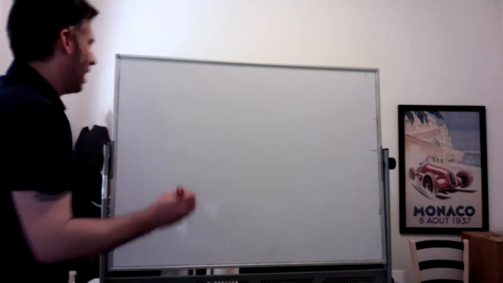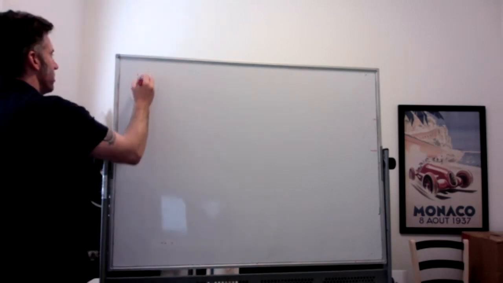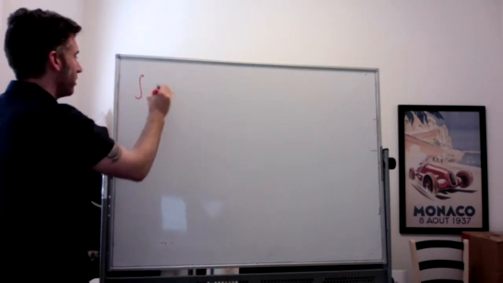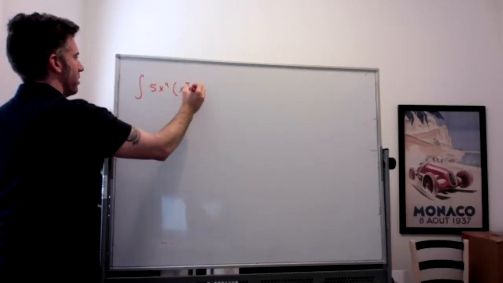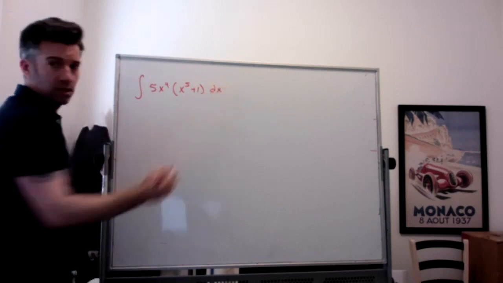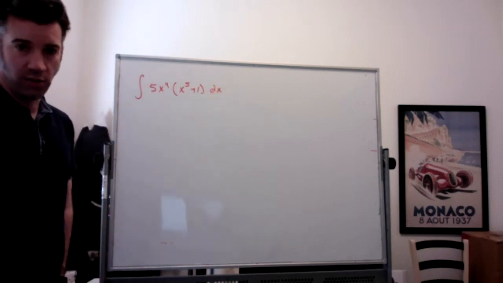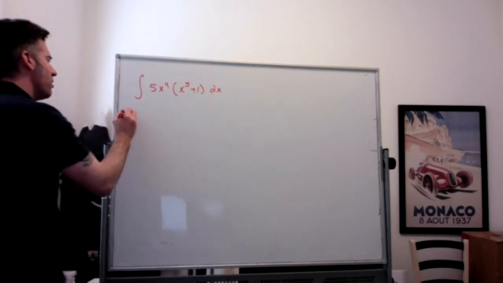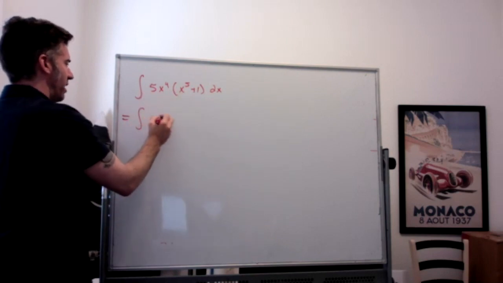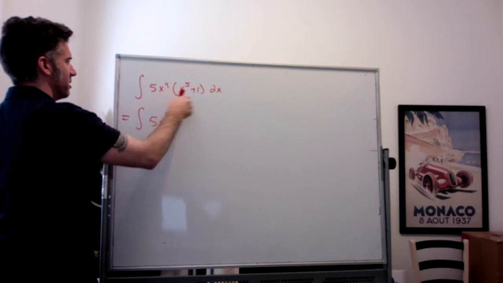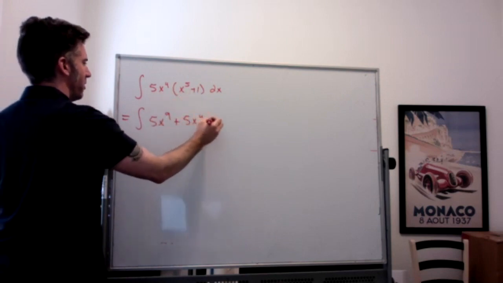So I want to find this integral. The integral of 5x to the fourth times x to the fifth plus 1. And we could totally multiply it out first. We say, okay, this is, let's see, 5x to the fourth times x to the fifth is 5x to the ninth, plus 5x to the fourth.